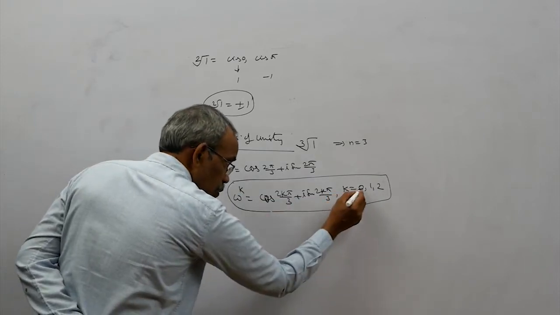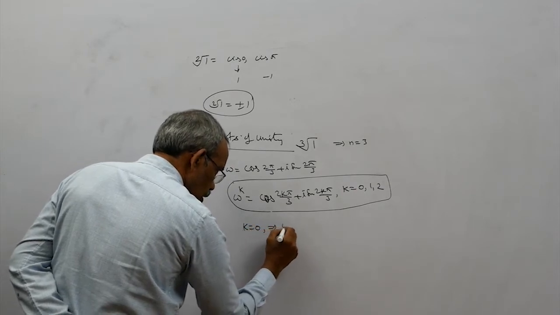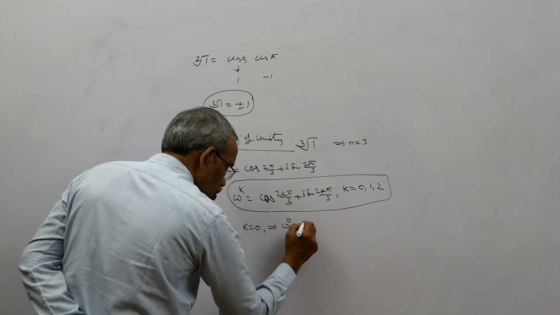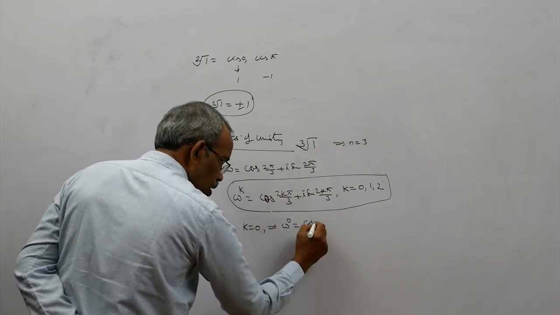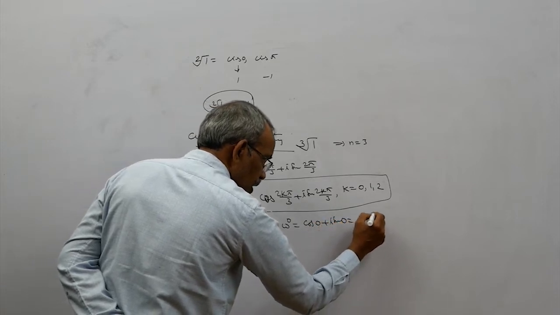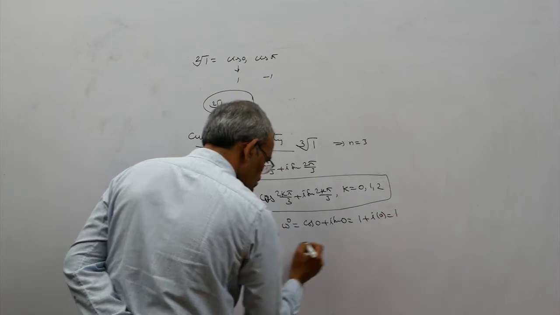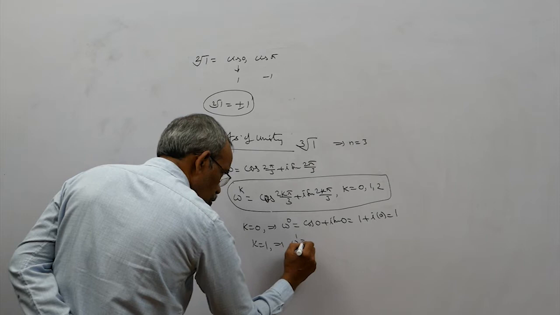Here when we substitute k equal to 0, we get omega power 0. Omega power 0 means cos 0 plus I sin 0, that is equal to 1 plus I into 0, that is equal to 1. When k is equal to 1, we get omega power 1.